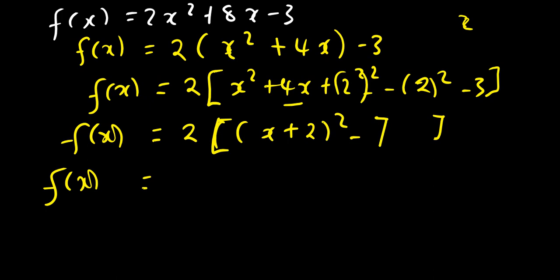When we do that, and you distribute the 2, you just have 2(x + 2)² minus 7.